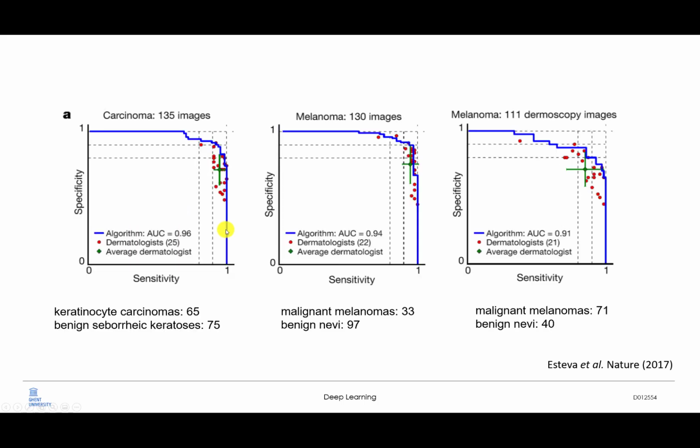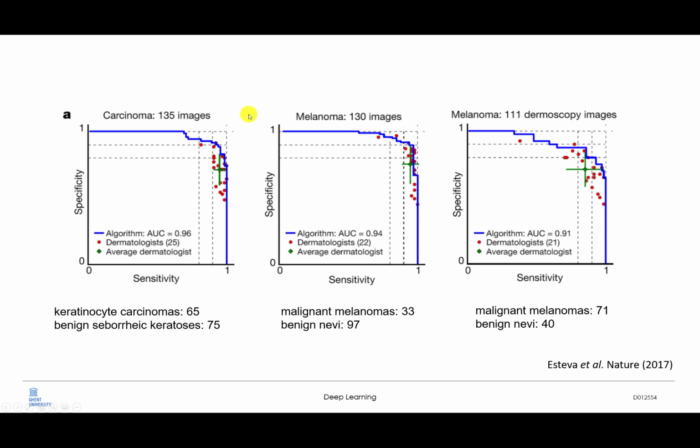And so what they show is that if you take several test sets, so we have different tasks here, these test sets were given also to a number of specialists, the dermatologists. In this case, we have 25, 22, and 21, okay? And what you can see here is the ROC curve, right? That's what we have here in blue, the ROC curve for the convolutional neural network.